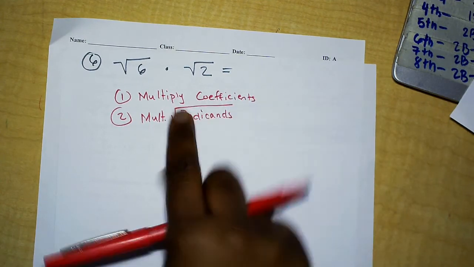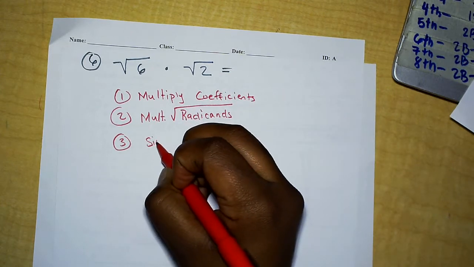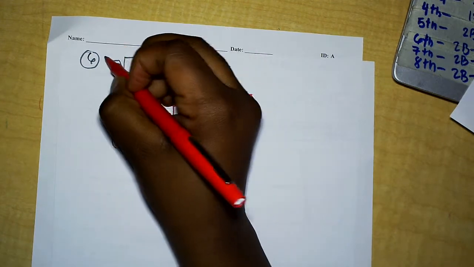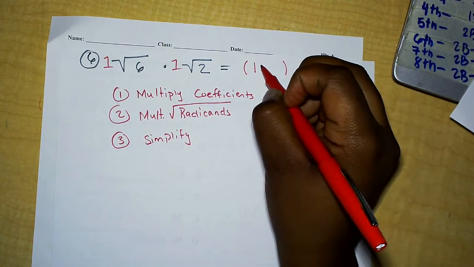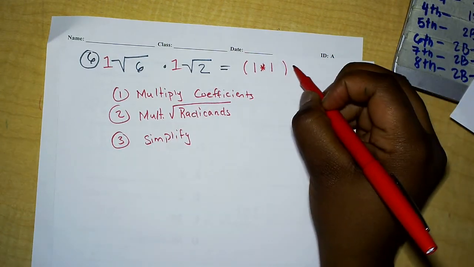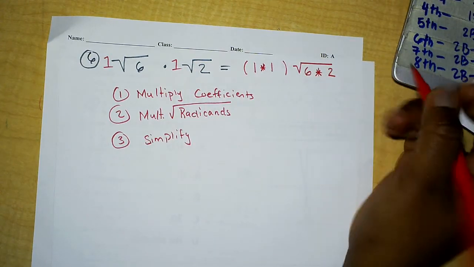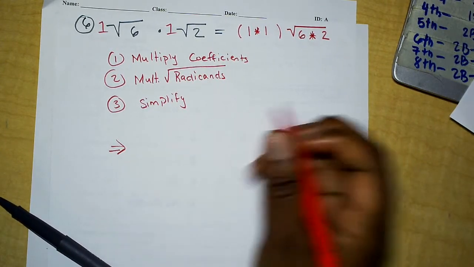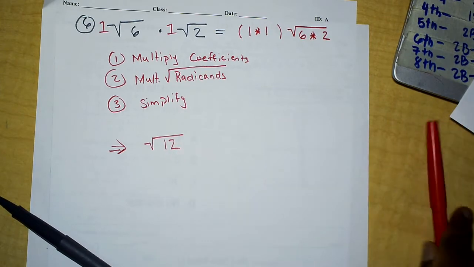And we know the radicand is the inside part. And then the third, we're going to simplify. So first, our coefficients are invisible, so they're 1 and 1. So I have 1 times 1. And then I'll multiply the radicands. So 6 times 2. So this will be equal to, I'm going to write my answer down here. I have just the square root of 12.